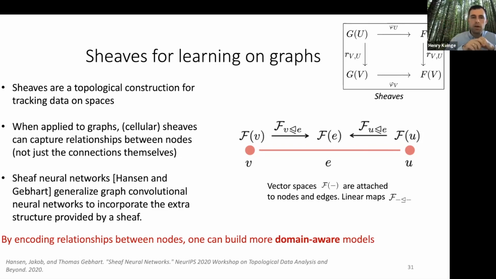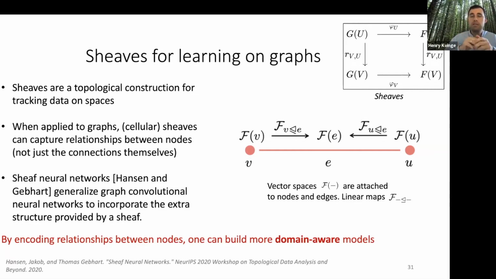And so some topologists took this idea and melded it together to create graph convolutional neural networks, a type of neural network built for learning data on graphs, and used the sheaf framework to incorporate information about the relationships between nodes and how data passes between them.